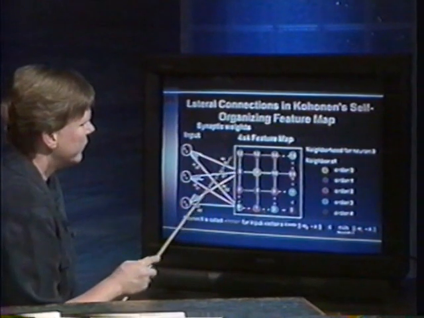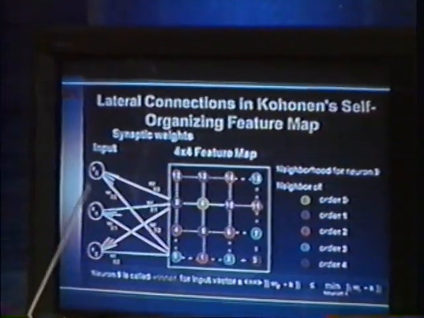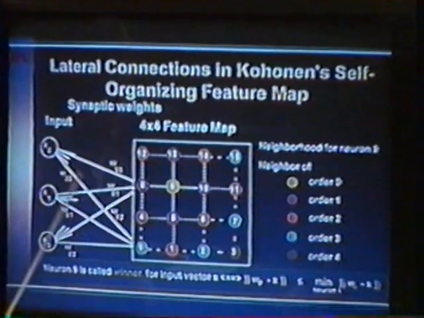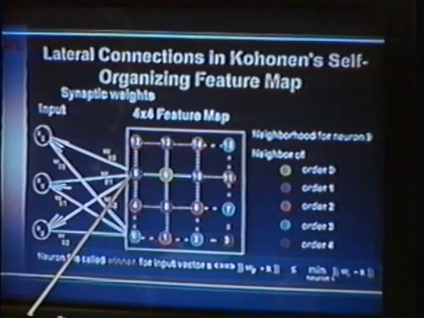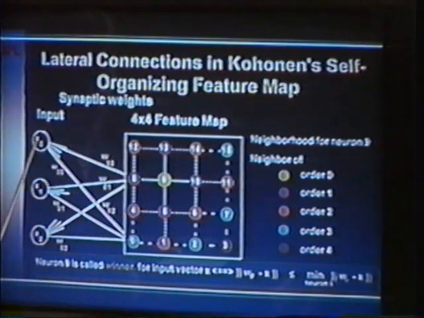And we have our input layer, which has dimension 3. Each component of our input vector is connected to each neuron on the grid. So our weight vector has the same dimension as the input vector.